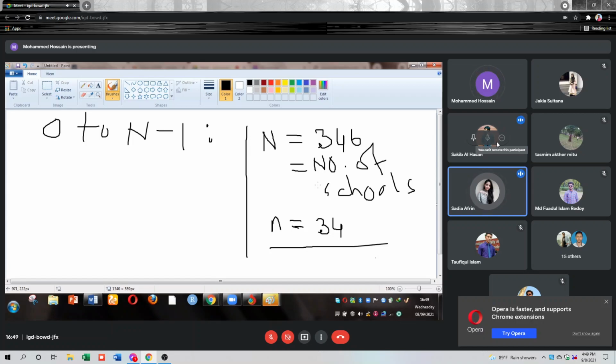So choose those variables which are related to schools, like student ID, student's name. Suppose you are the UNO of that Upazila, or you are DC, or ATO, like this. According to purpose or goal, you should include the variables. Clear?